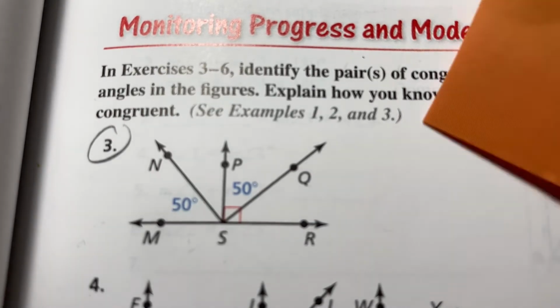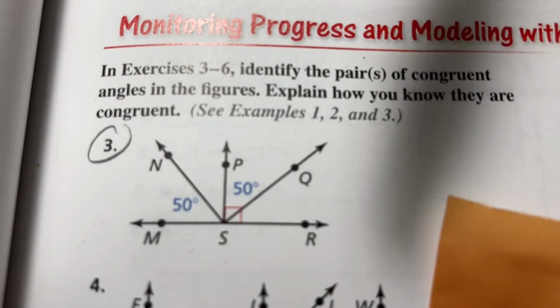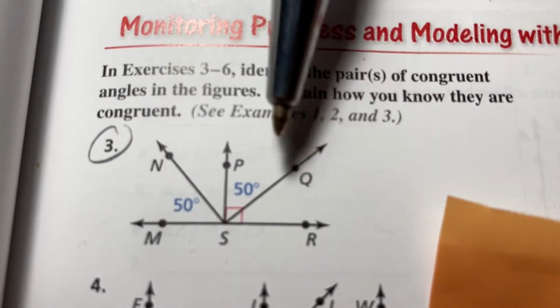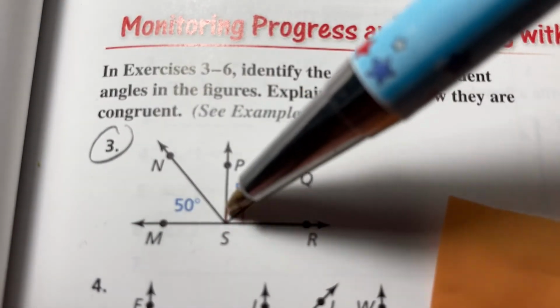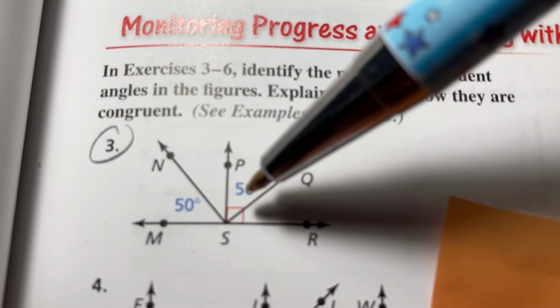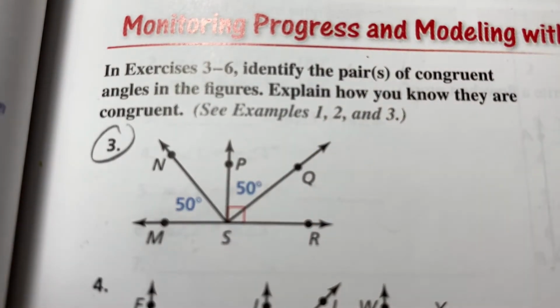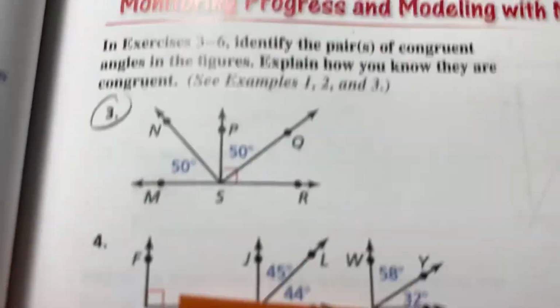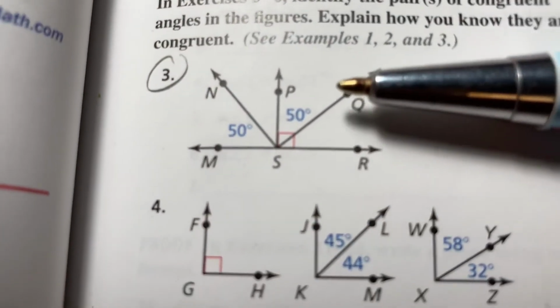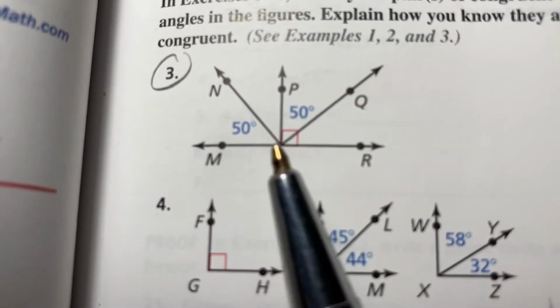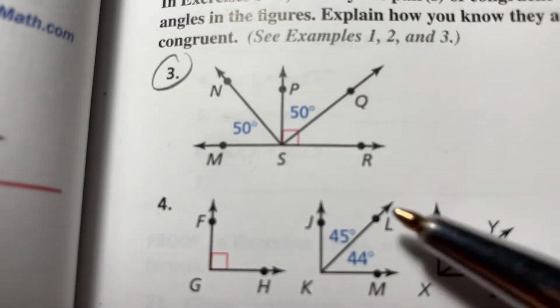We know that angle's 50, and that angle's 50. And there's a little box there, which means that's 90. I can't even see my own camera, it's in the way.